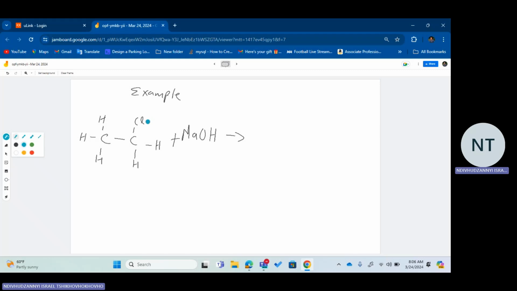So in our case, we're going to take Cl and bond it with Na. Then in place of Cl, we're going to take OH and place it there. So it's going to be 1, 2, OH, then our salt, NaCl.